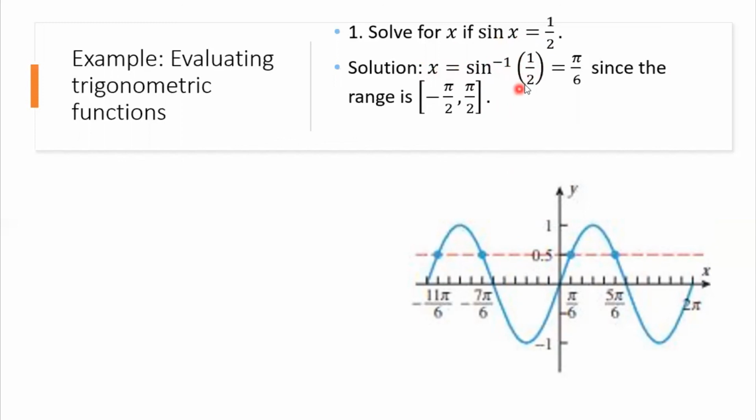Now, what is the angle whose sine is 1/2? If the range is negative pi over 2 to pi over 2, it should be the angle pi over 6.